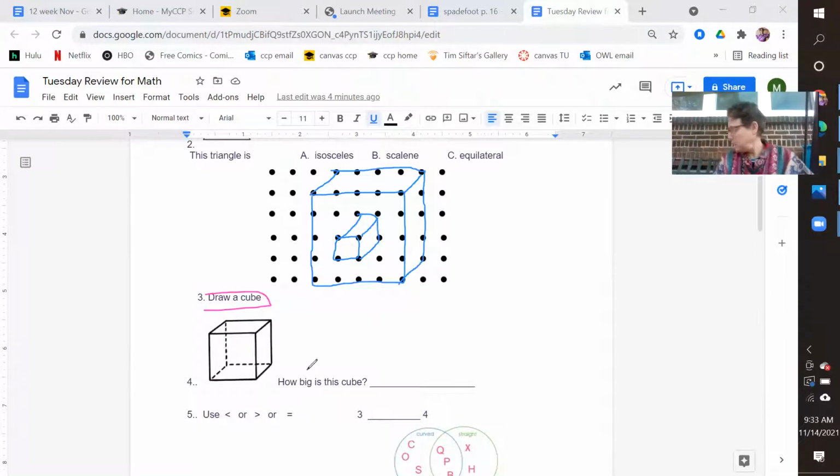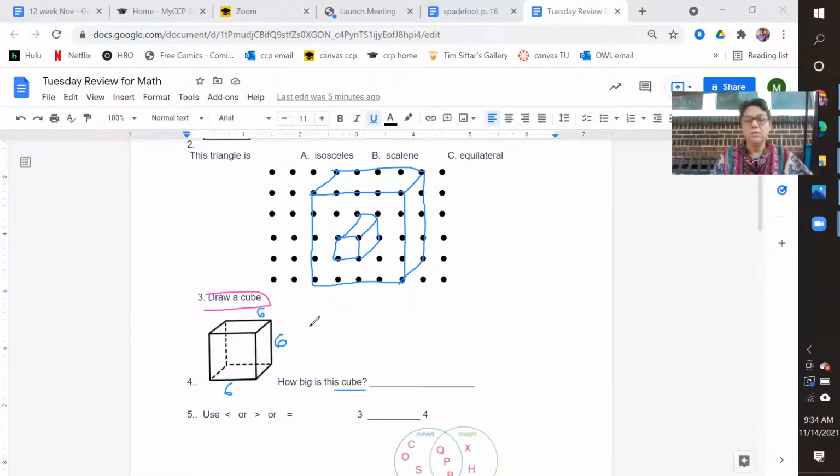All right, the next one is how big is a cube? Draw this cube. Oh, no, it's not. It's how big is this cube? Sorry. So this one says 6, 6 and 6 today. Another day, it might have different numbers. Even if it only has one number, you know what it is because it's a cube, and so all the numbers are the same.